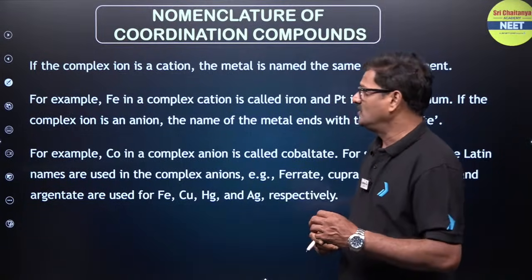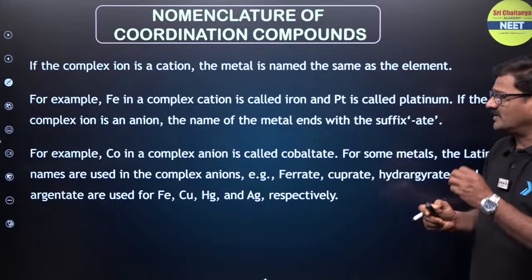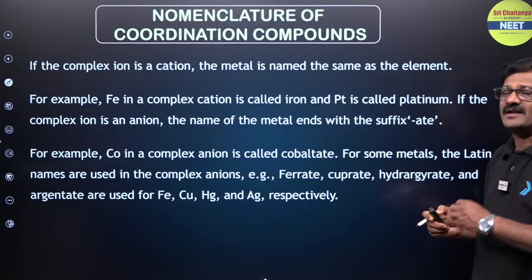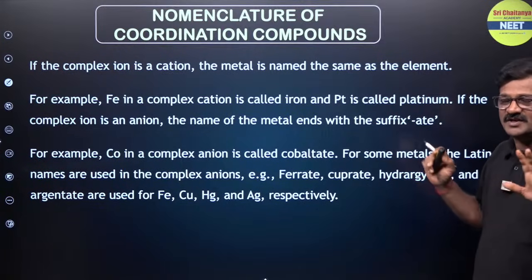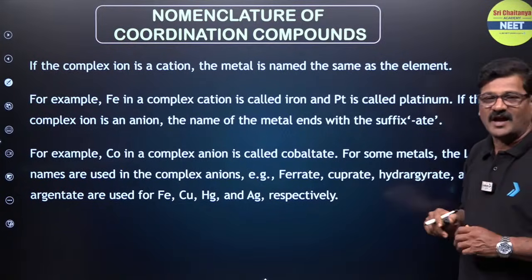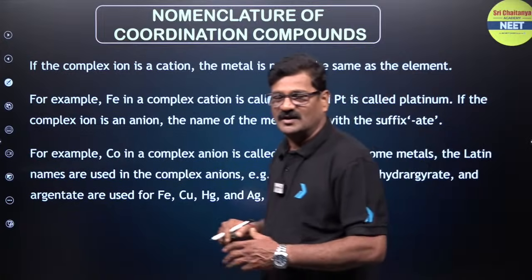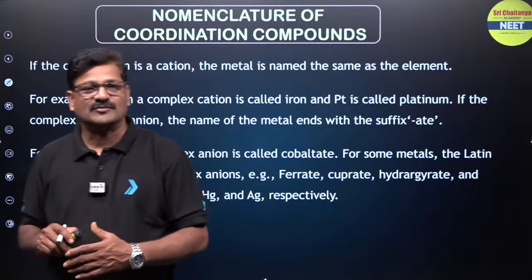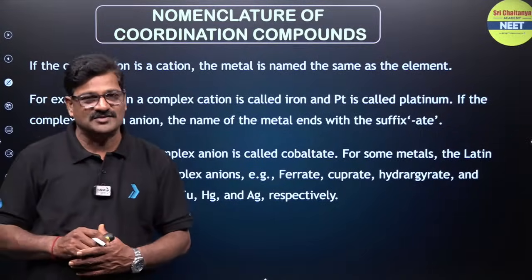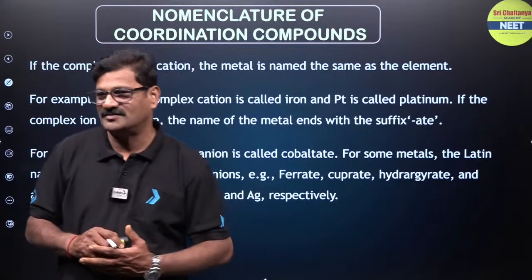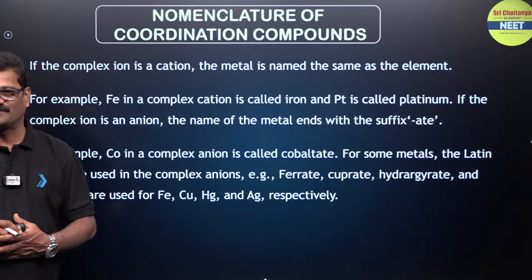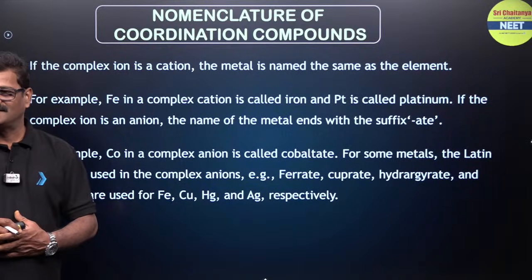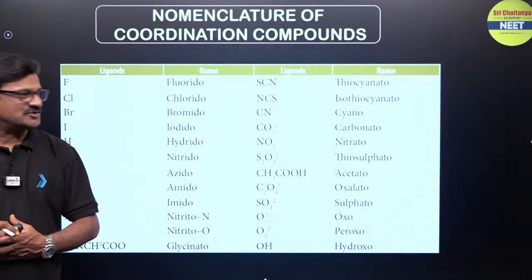When the complex is anionic, you have to change the name of the central atom: iron becomes ferrate, nickel becomes nickelate, copper becomes cuprate, silver becomes argentate, zinc becomes zincate, right? Here it is given as an example. Please ask any doubts, children.